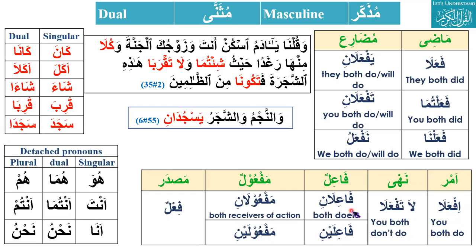So this is qul. Qail is singular, and the dual will be qailani, qailaini, maqulani, maqulaini.